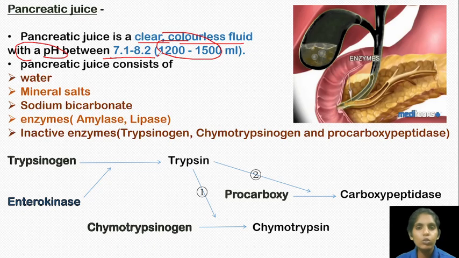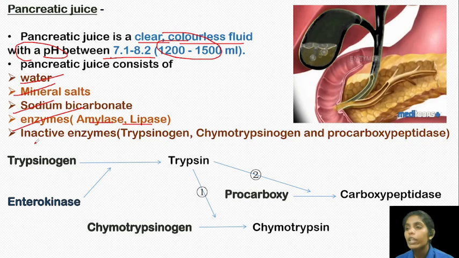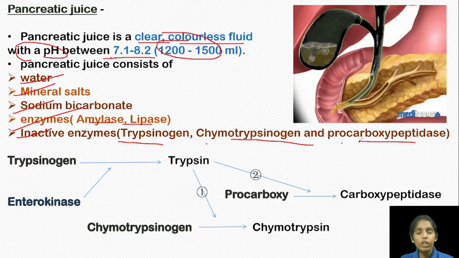What does the pancreatic juice contain? It contains water, mineral salts, sodium bicarbonate, enzymes like amylase, lipase, and inactive enzymes like trypsinogen, chymotrypsinogen, and procarboxypeptidase.